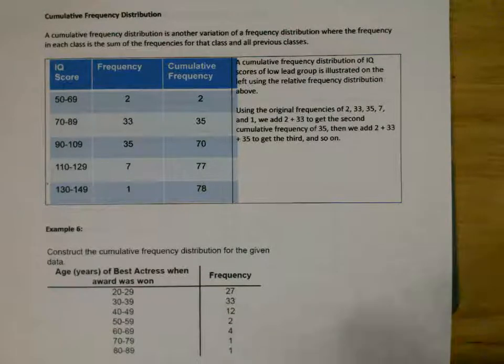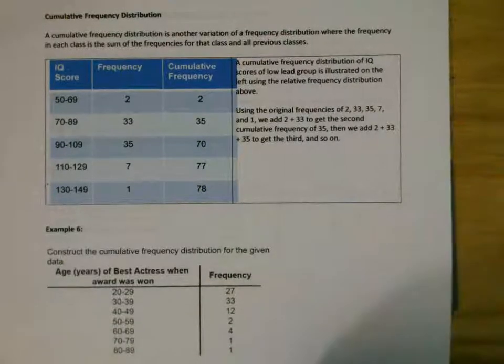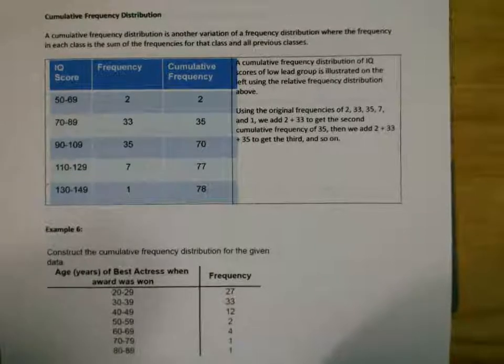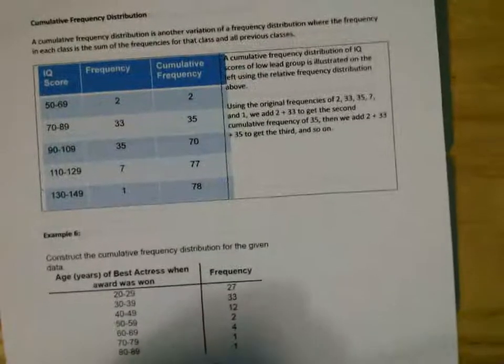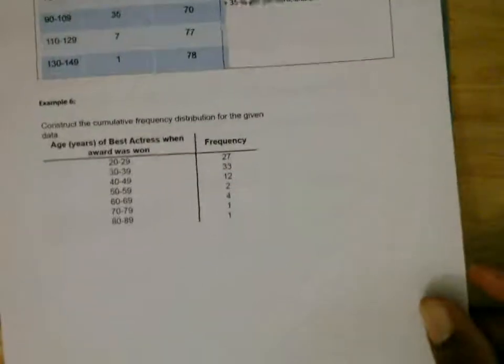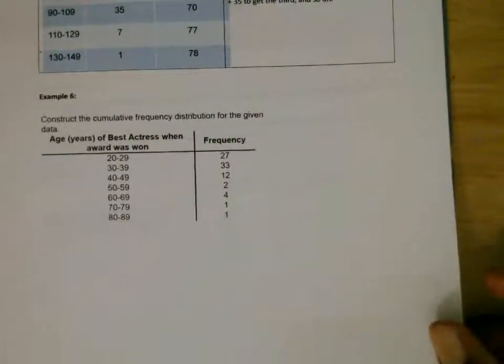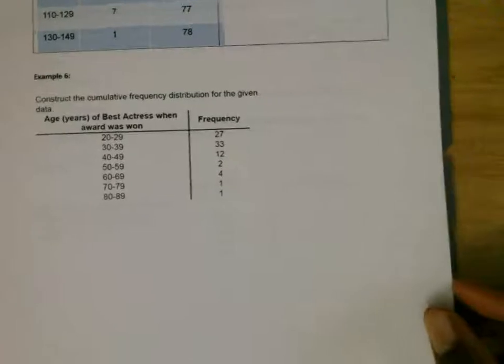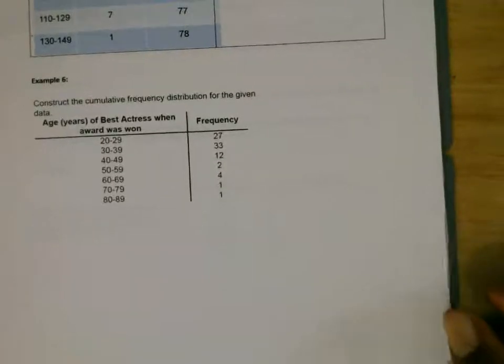So in example 6 here in this video, we're going to construct a cumulative frequency distribution for the given data. And this deals with the age in years of Best Actress when the award was won and their frequencies. Okay.